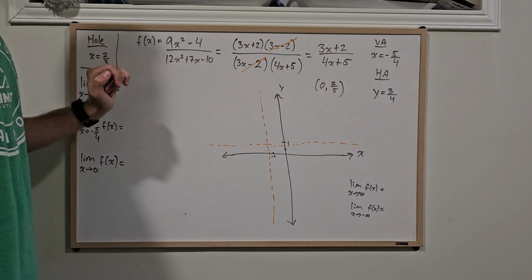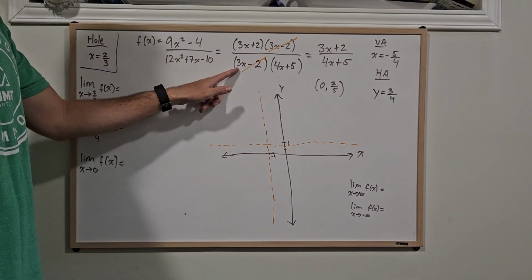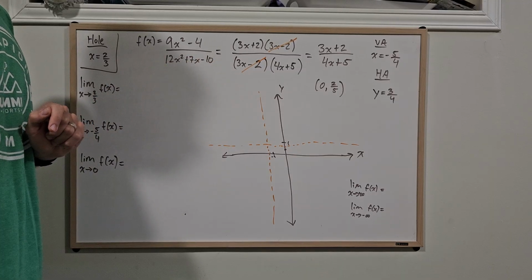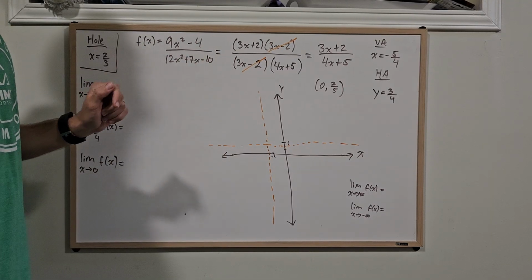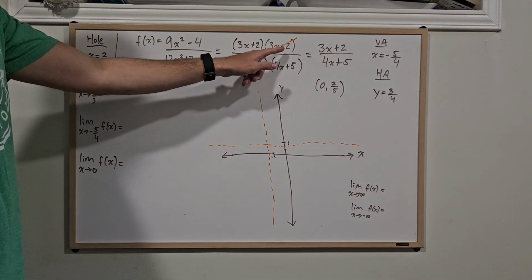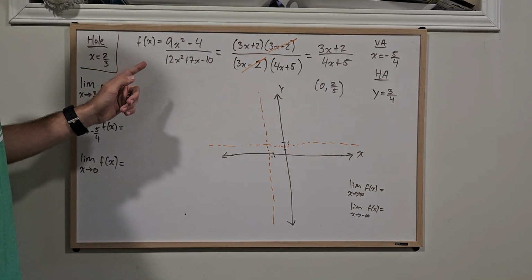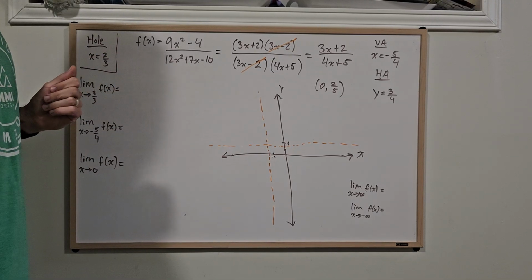Factoring the bottom part, we have 3x minus 2 and 4x plus 5. The 3x minus 2 terms are common on the top and the bottom. Those cancel out, which means there's a hole. I set 3x minus 2 equal to 0, the negative 2 goes over to the other side, divide through by 3, and we have a hole at x equals 2 over 3.